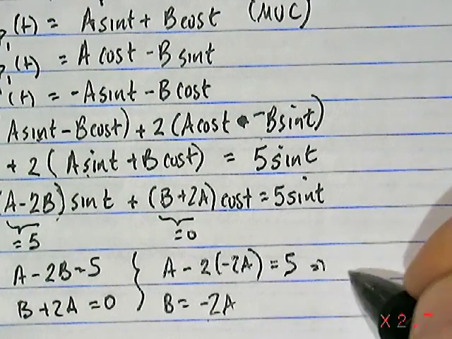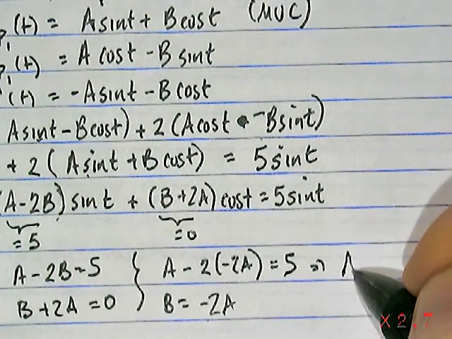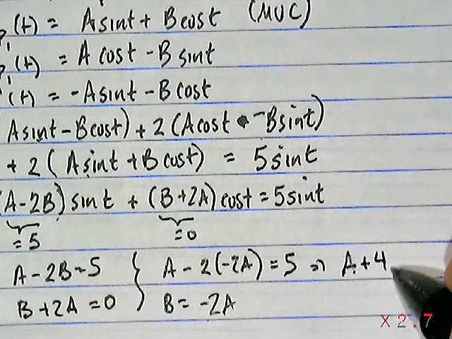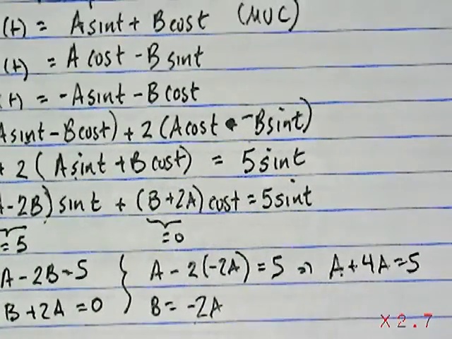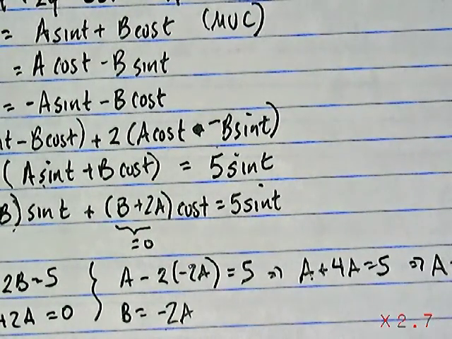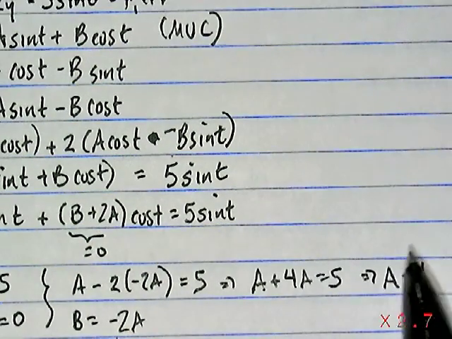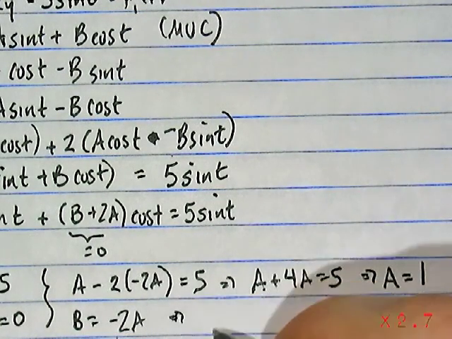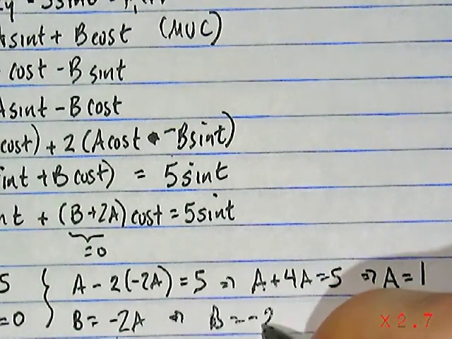So that implies that you have a minus minus is plus 4a equals 5. So clearly a has to be equal to 1. And then similarly, if you know that a is 1, this other equation right here immediately tells you that, well, if a is 1, then b has to be negative 2.